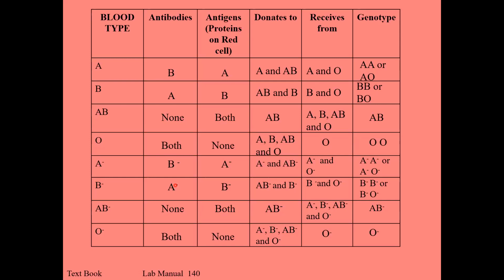However, the reverse is true. You can give B negative or A negative to an A positive person. Why? Somebody explain to me. I can give negative blood to positives, but I cannot give positive blood to negatives. Why? There's no rhesus factor for the positives to attack, is there?